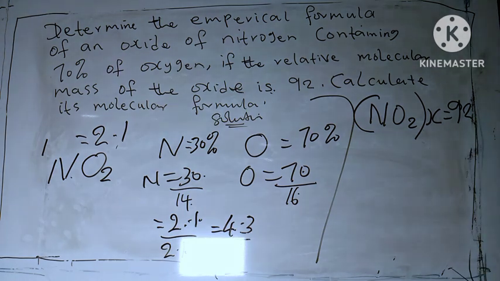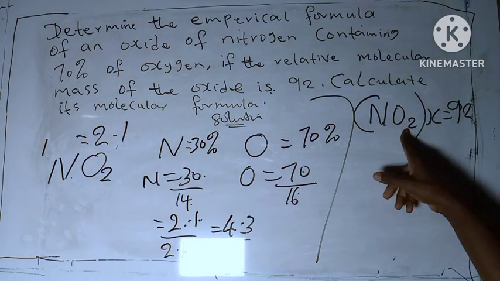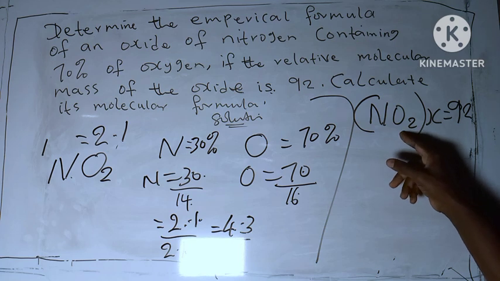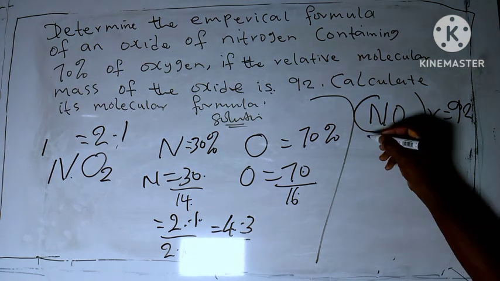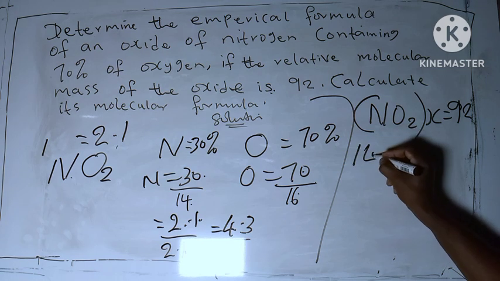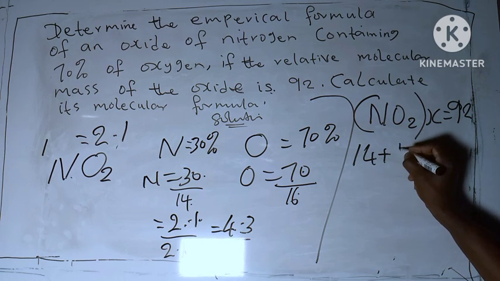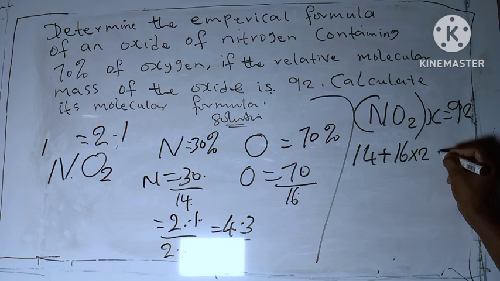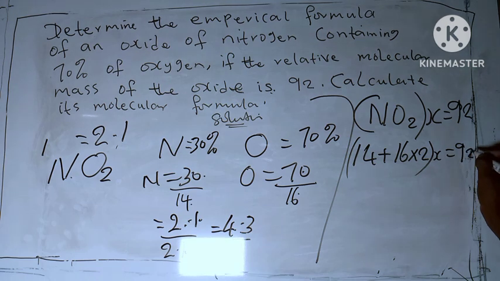It is 92. So let's calculate for the relative molecular mass of nitrogen(IV) oxide. Now, the atomic mass of nitrogen is 14 plus atomic mass of oxygen is 16 multiplied by 2, x equal to 92.